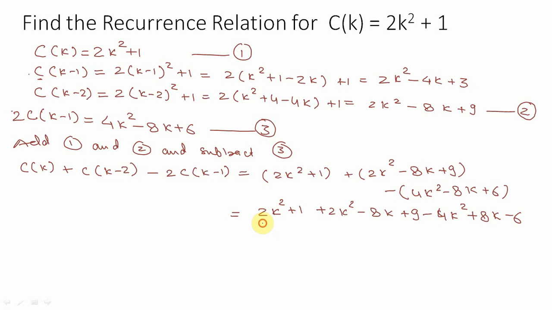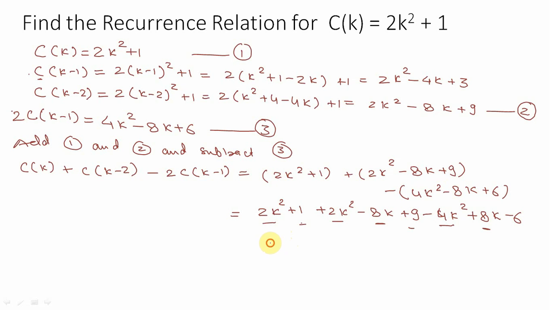Now 2k square plus 2k square is 4k square, minus 4k square is 0. So the k square terms become 0. Similarly, let's take the k terms, minus 8k and plus 8k. So the k terms also cancel out. So I don't have any term with k square and I don't have any term with k. Now let's see the constant terms. 1 plus 9 is 10, minus 6 is 4.